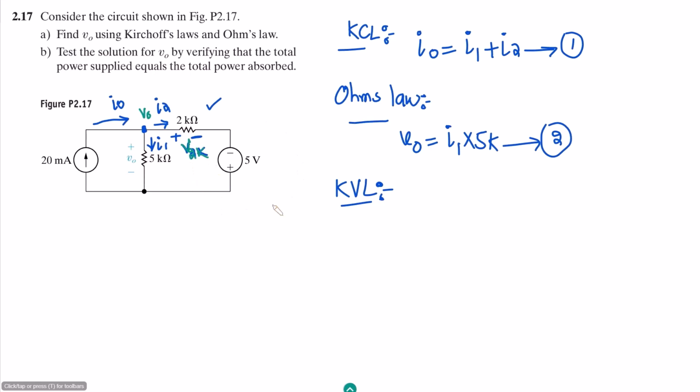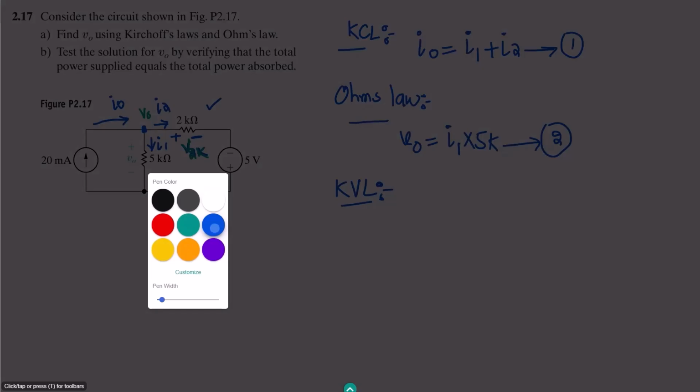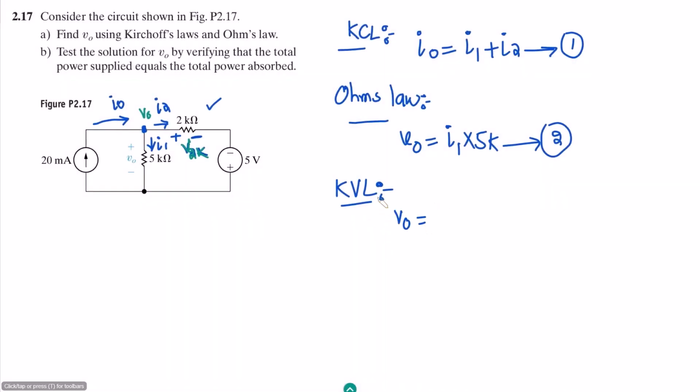Applying the KVL here, what will we get? V naught is equal to the voltage drop across this one, which is V2K. And this has the same polarity as this V naught.